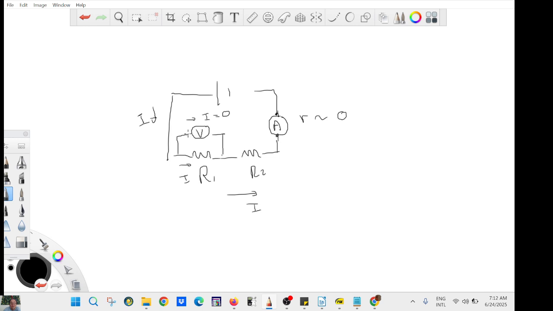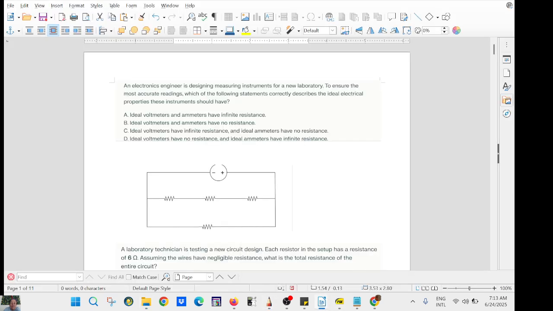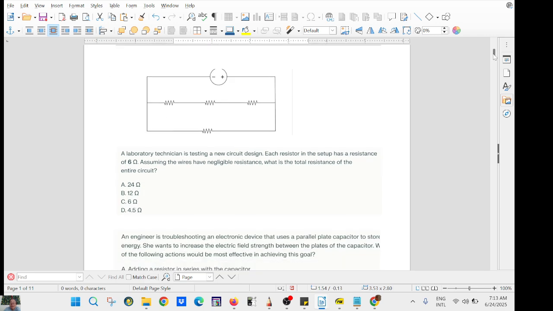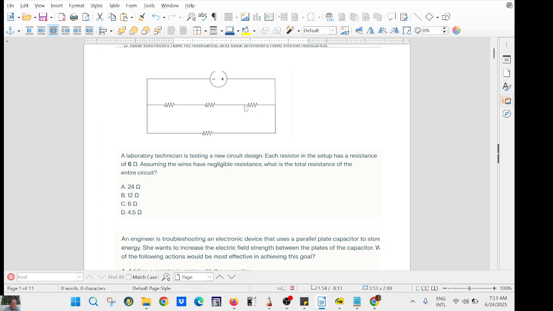So for the voltmeter, the resistance should be infinite, ideally. So let's go back to the question here. An ideal voltmeter has infinite resistance, an ammeter has no resistance, so you don't interfere with the properties of the circuit.